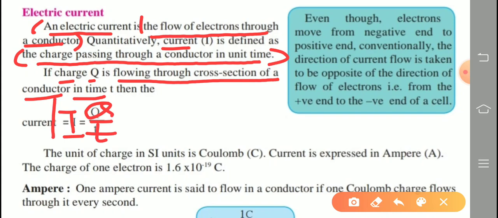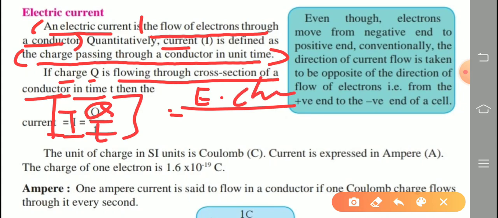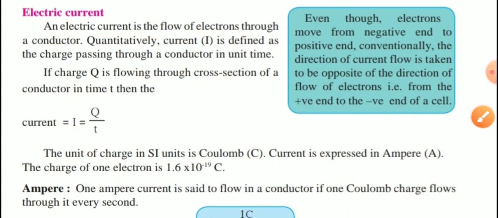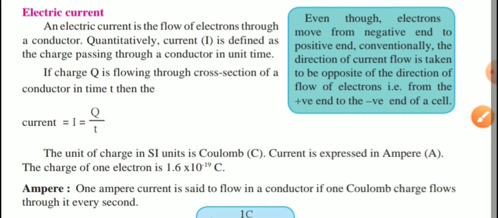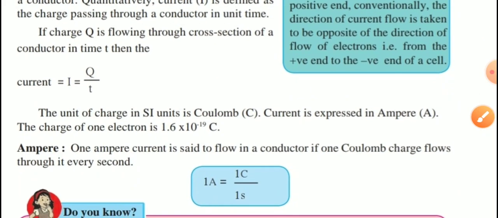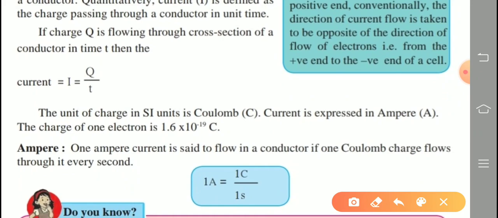So this is the formula. If we write in words, I means electric current is equal to Q, which is electric charge, divided by t, which is time. First write in words and afterward write in symbols like this. Clear? Next. Now what is the SI unit of electric charge?